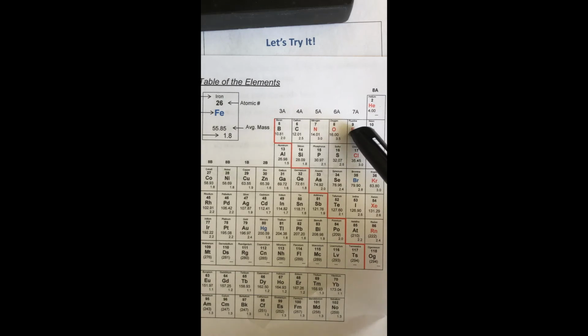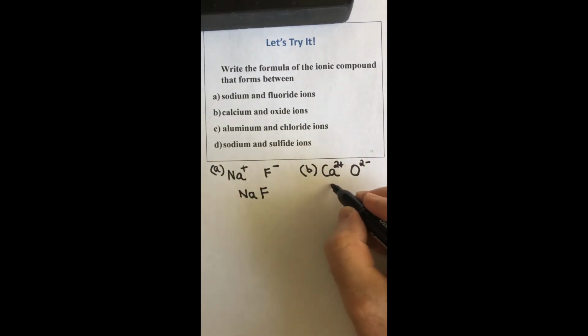It is 2 groups removed from the noble gases, which means it wants to gain 2 electrons. So the oxide ion should be 2-. And the question is, how many units of each do we need to get a 0 net charge? The answer is 1 of each. So we'll write the formula as CaO.